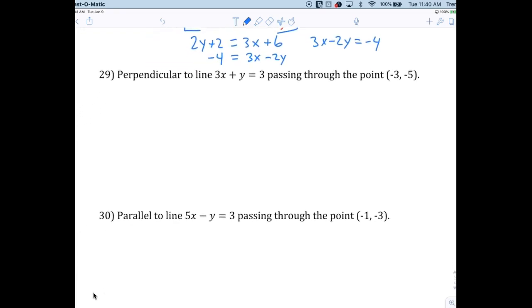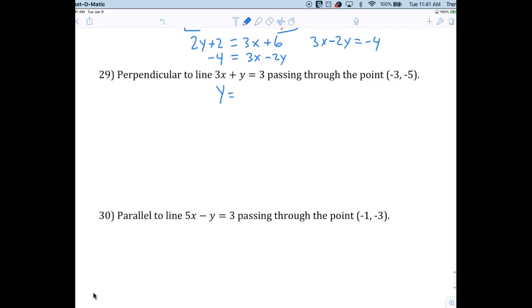All right, so with 29, first thing I need to do is, right. So y equals. Wait a minute. I got to put it in the right format first. So y equals. Come on, no, you don't.